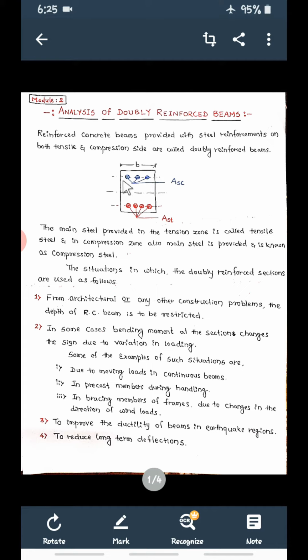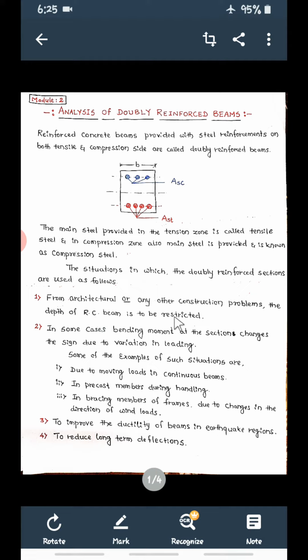And where does this situation arise, that is, where can you see doubly reinforced beams? The situations in which doubly reinforced sections are used are as follows. First, from architectural or other construction problems, the depth of the beam is to be restricted.